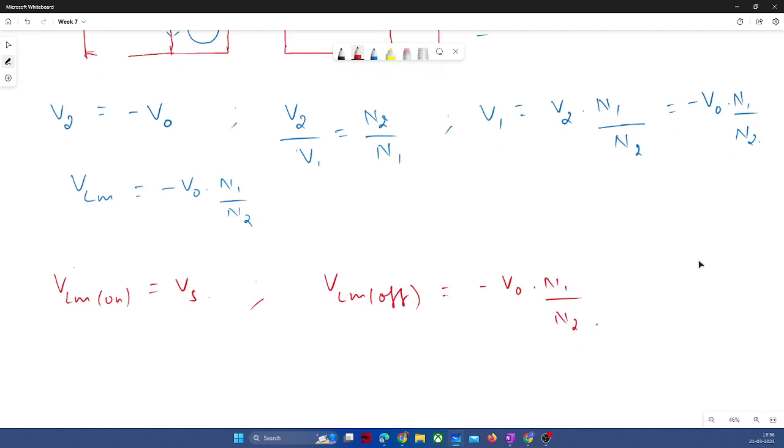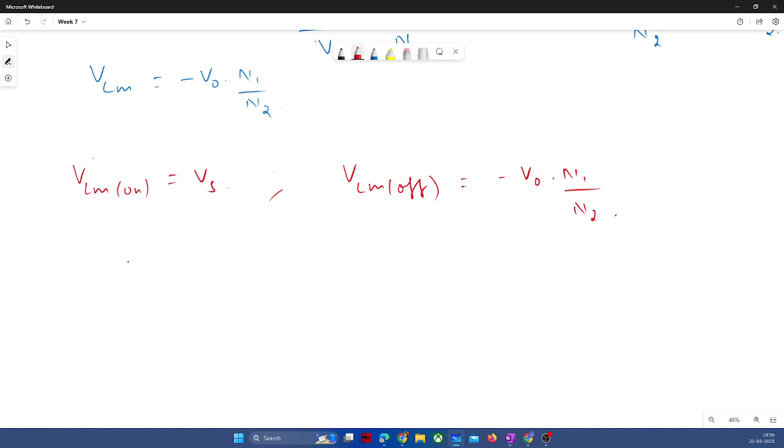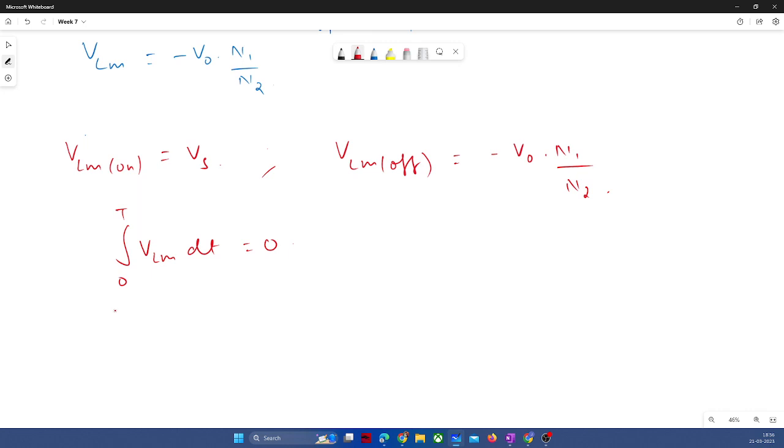Okay, we'll apply volt second balance, integral of VLM dt from 0 to T equal to 0. So Vs into D T plus minus V naught into N1 by N2 equal to 0.